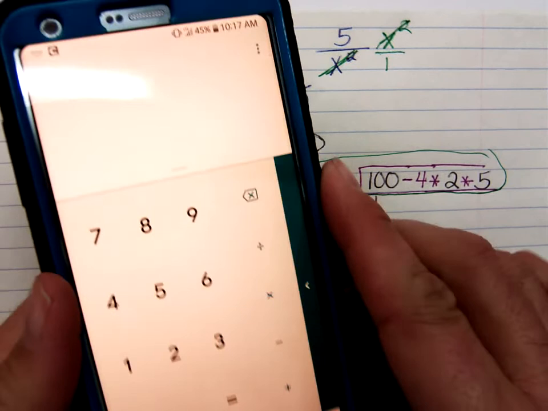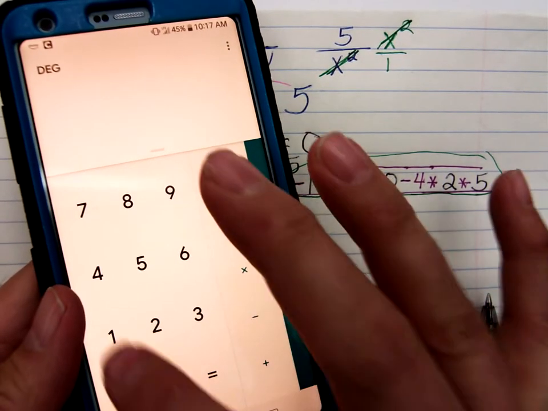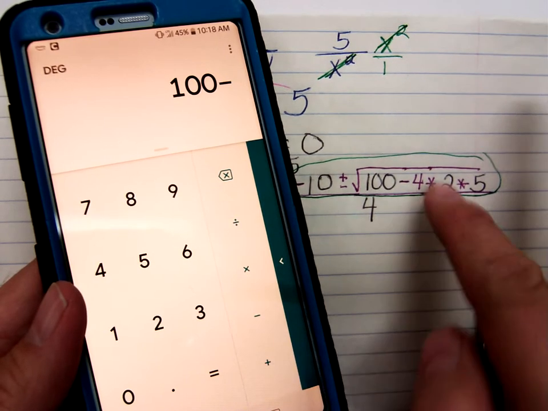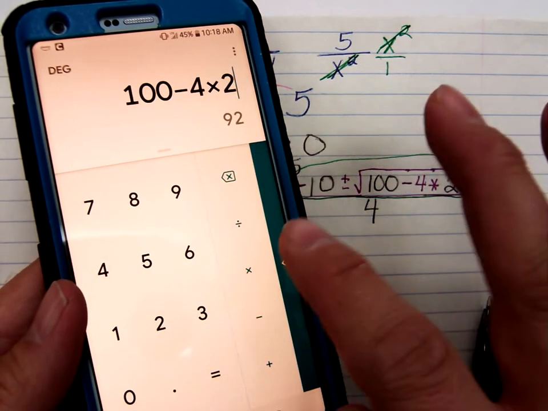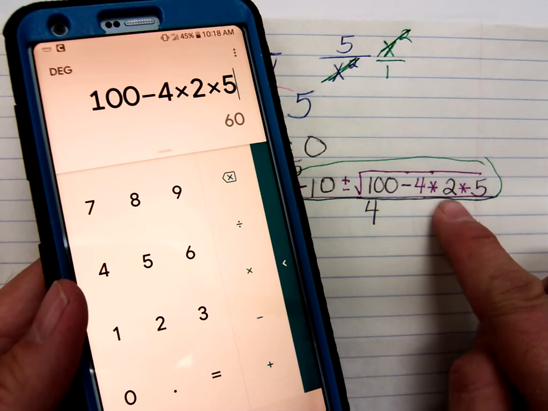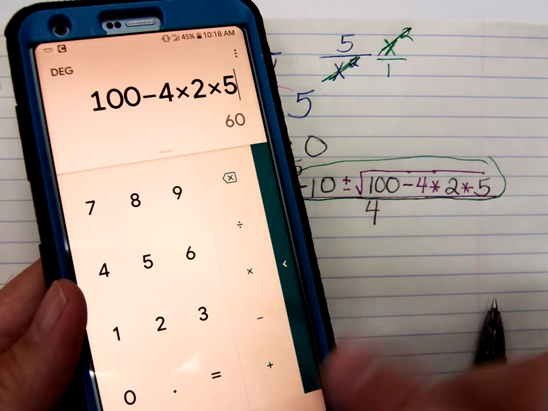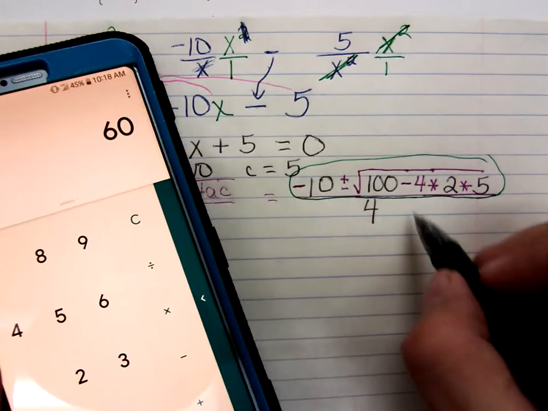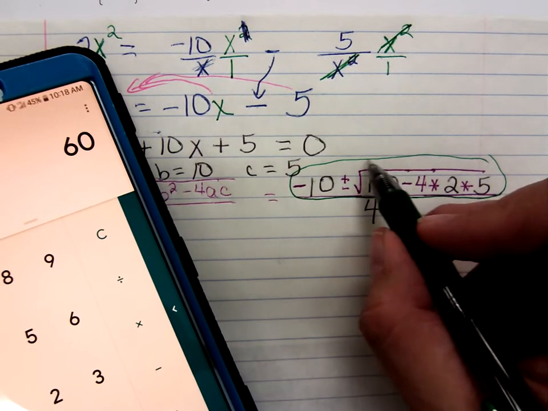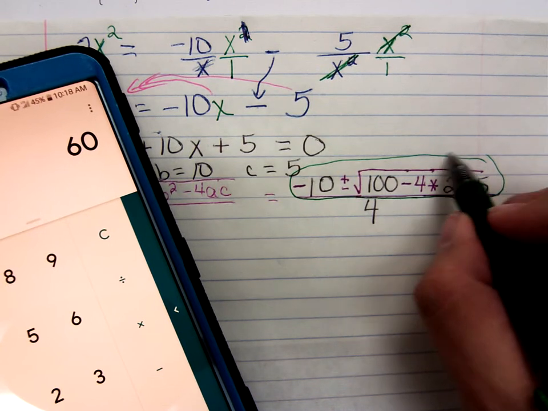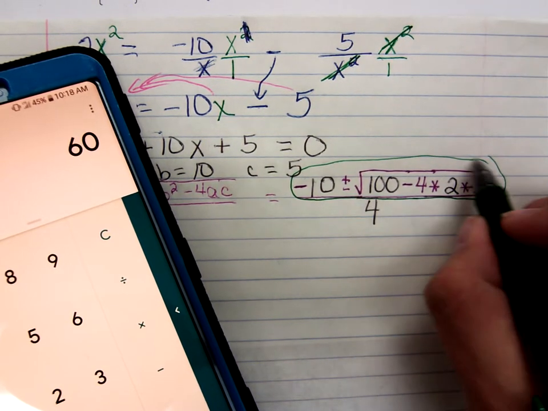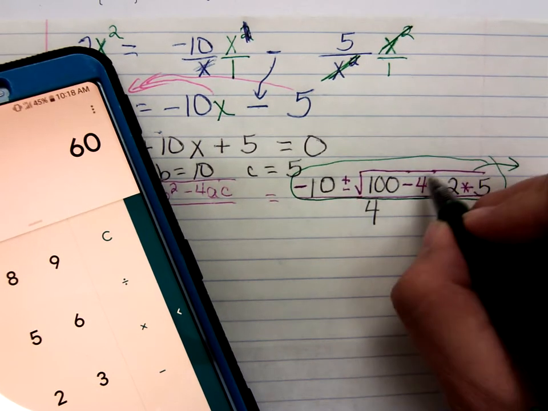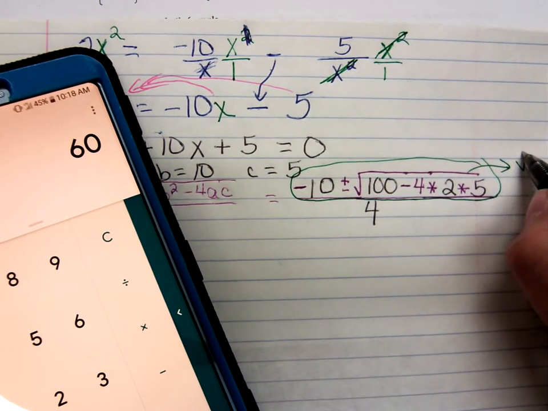I'm using my phone calculator just because it shows. 100 minus 4 times 2 times 5. 4 times 2 is 8 times 5, 40. 100 minus 40 is going to be 60. So, I meant to circle the square root here. For some reason I circled all of that. It's the square root I'm simplifying. So we have square root of 60.